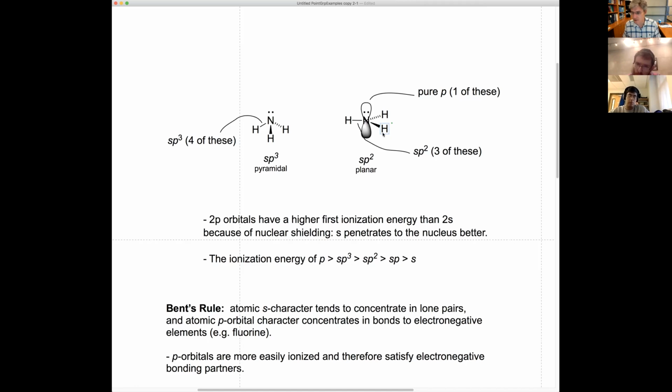The s orbital that makes up that bond penetrates to the nucleus, and the electrons in that orbital communicate the nuclear spin information of the hydrogen, right? That bonding orbital talks to both nuclei, and the magnitude of the interaction between the two nuclei is dictated by the types of electrons. If it's S in between the two nuclei, the couplings are large.